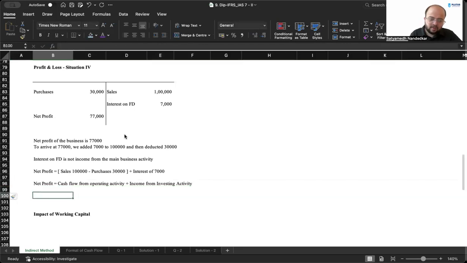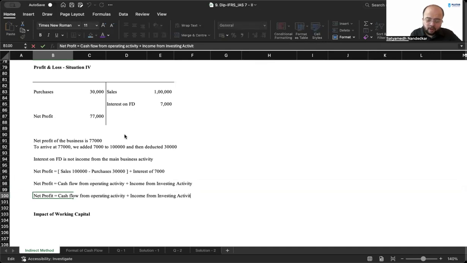Now I'm just changing the words here. Instead of saying net profit is cash flow from operating activity plus income from investing activity, I am saying this is income from non-operating activity or non-operating income.